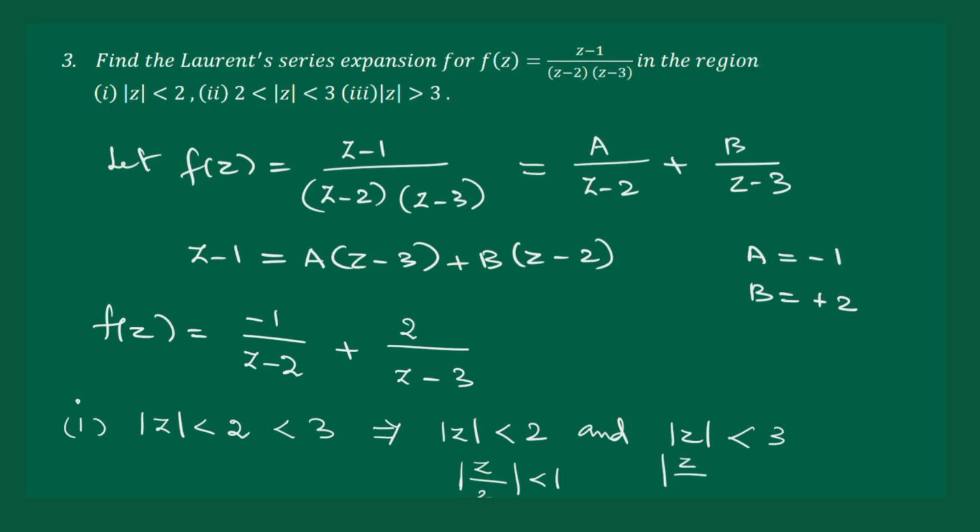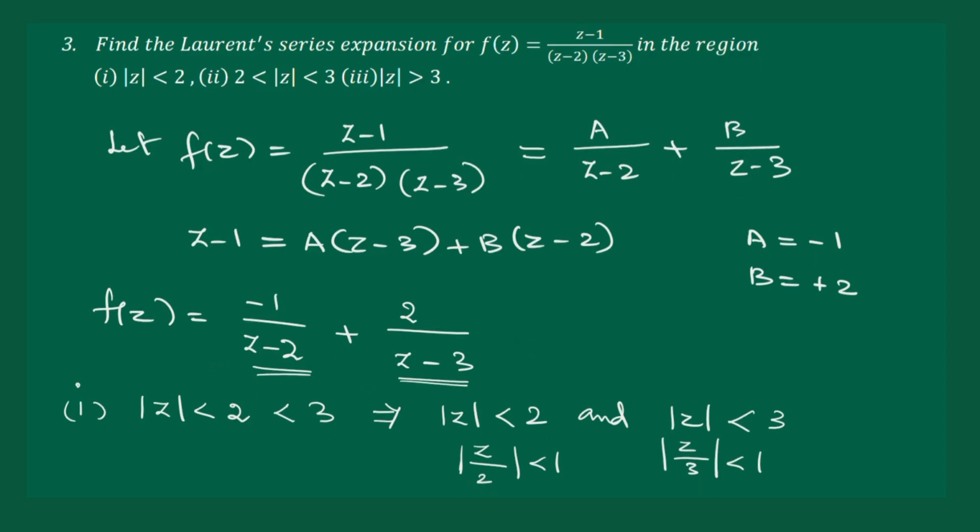Similarly, modulus of z by 3 is less than 1. So while using the binomial expansion, we have to expand in terms of z by 2, and similarly z by 3. Now we have to write these two linear factors in terms of z by 2 and z by 3, which we can do by taking 2 and 3 outside.